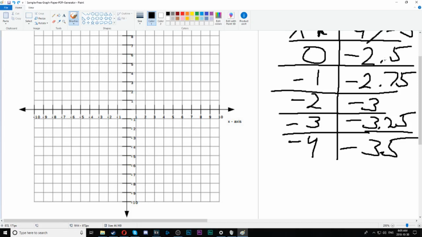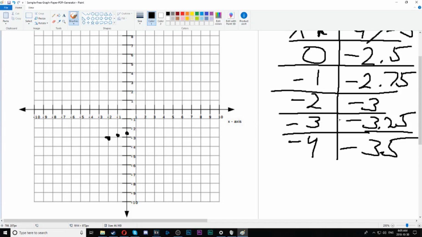So 0 and -2.5 is somewhere around here. Then -1 and -2.75, so -1 and -2.75 is somewhere around here. Then -2 and -3, so it's like here.